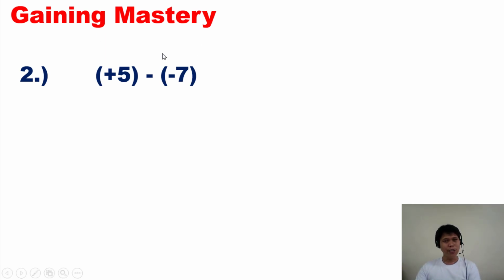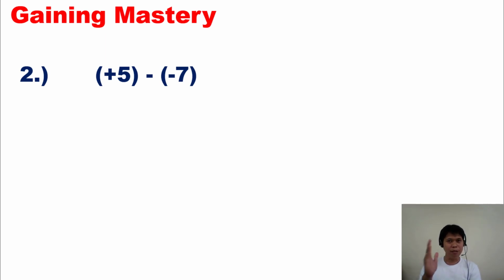So what we're going to do is, if there are the same signs, like negative and negative, just combine them into one and they become positive. Just remember, in integers, same signs will become positive if combined together, and unlike signs, or negative and positive, will combine to become negative.